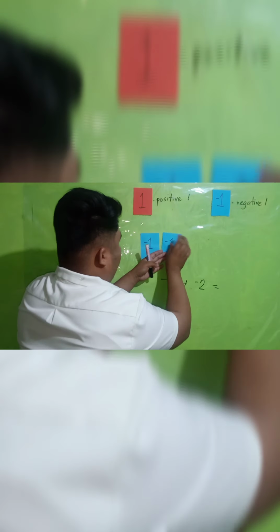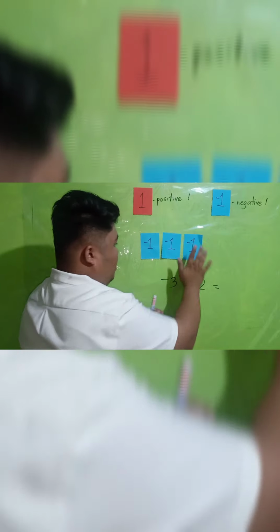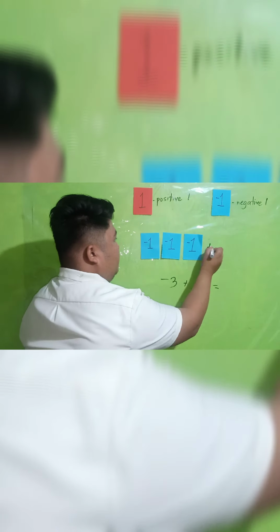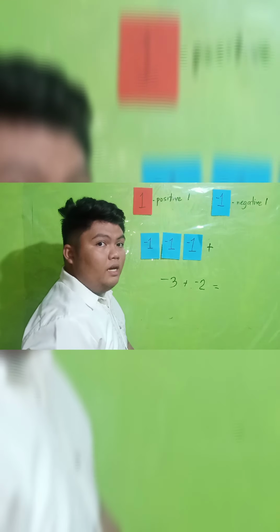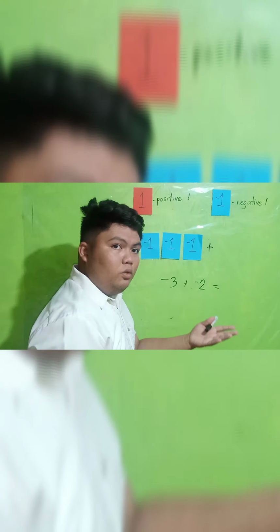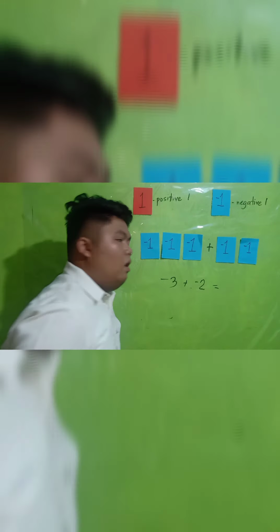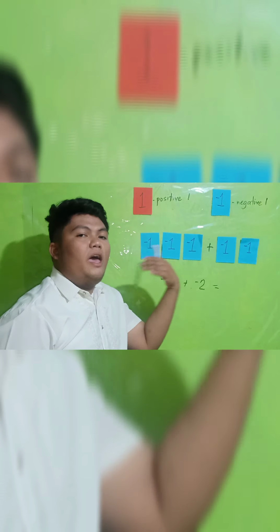So let's have 1, 2, 3 plus 2 negatives. So another 2 blue tiles. Okay. 1 and 2.